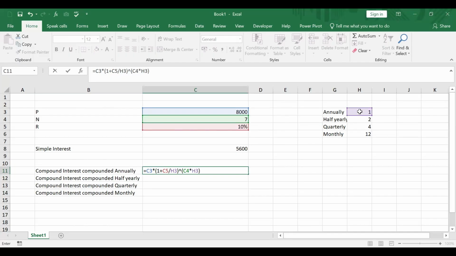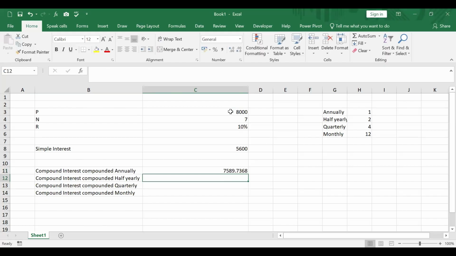So this will give me the compound interest after I subtract the principal. Then I can reduce the decimals using this one.